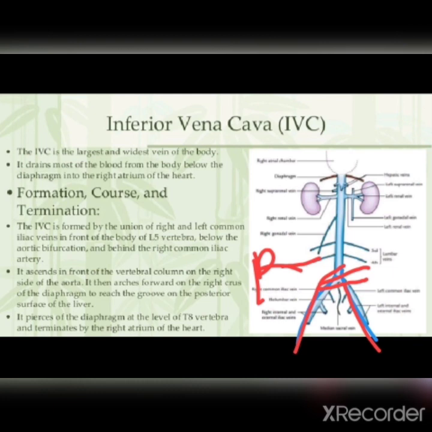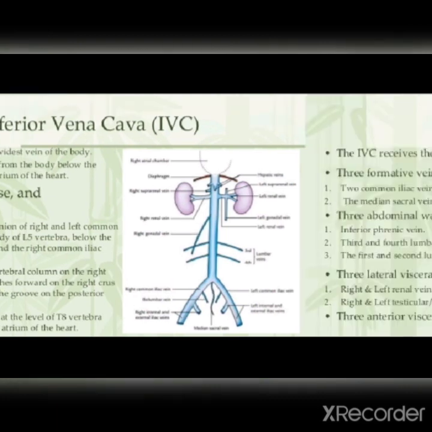It pierces the diaphragm at the level of T8 vertebra. So, this is the formation, course and termination of the inferior vena cava.